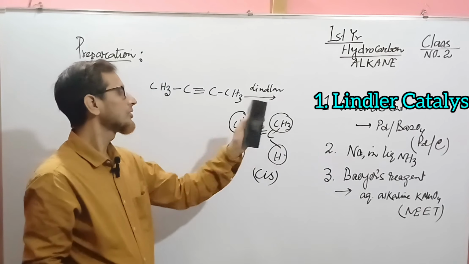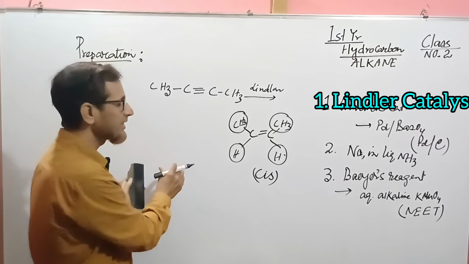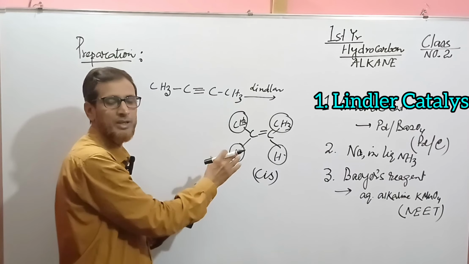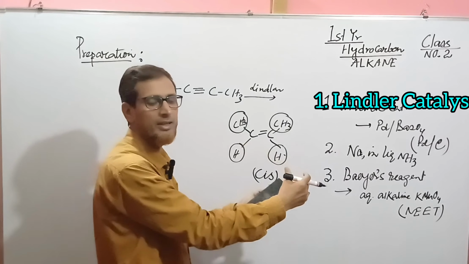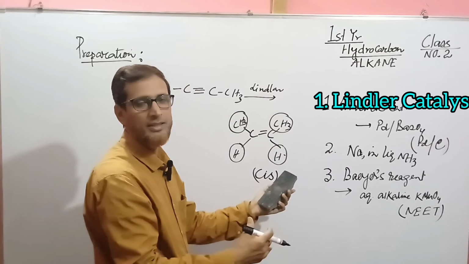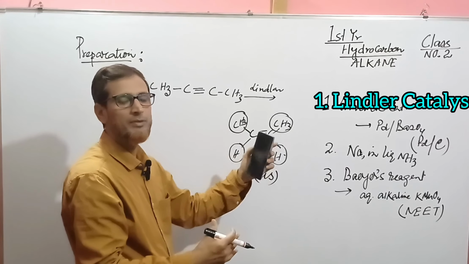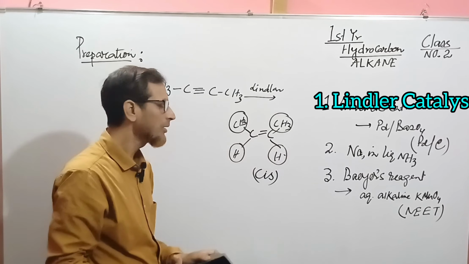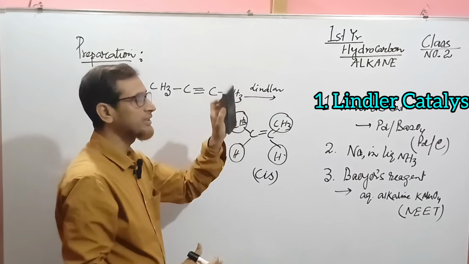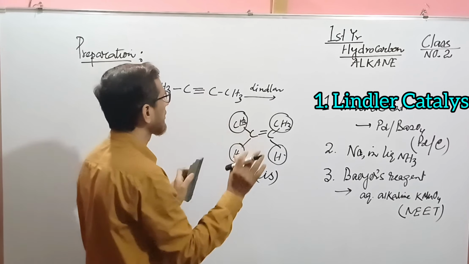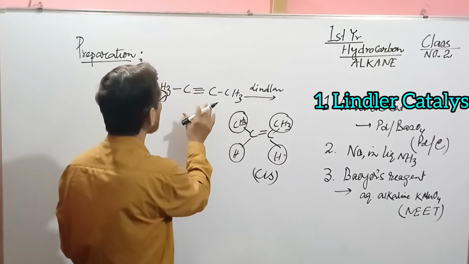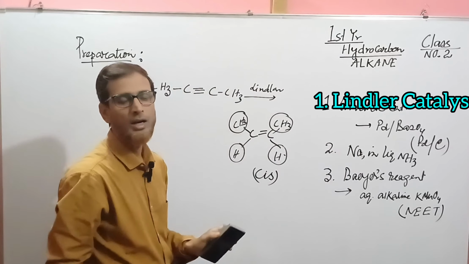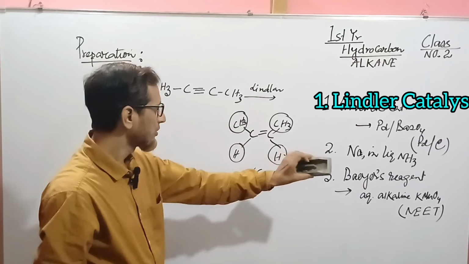In Sanderson reactions you saw that if there is an alkyne, the triple bond first reacts with H2 and becomes a double bond, then automatically it adds to the double bond and gives a single bond. The process was continuous and unstopped. But here the speciality of this catalyst is that the reaction stops from triple bond to double bond. It doesn't continue up to alkane.